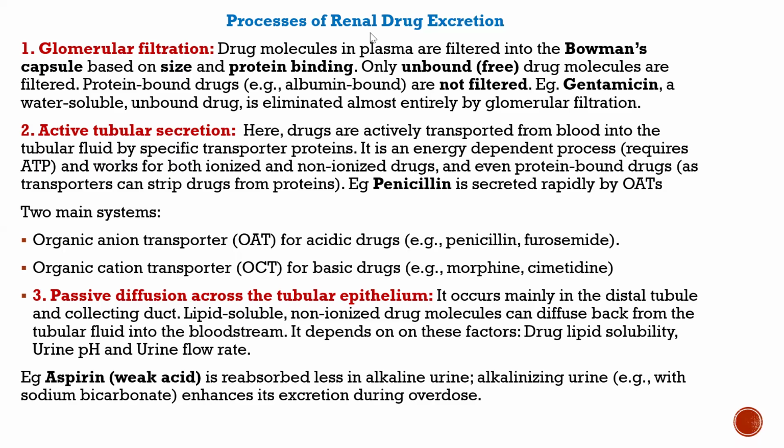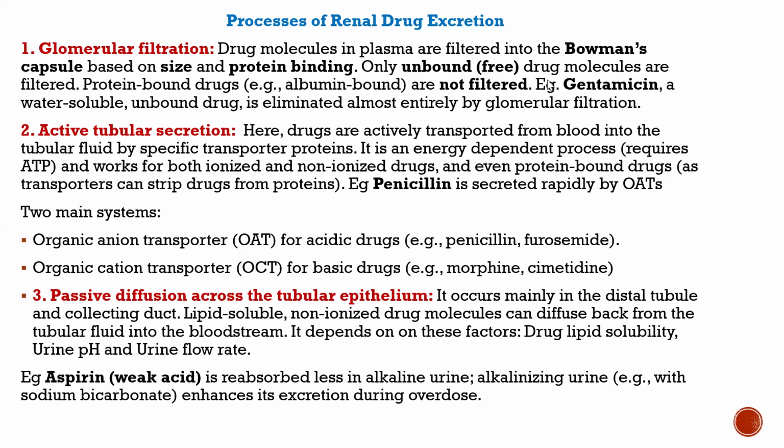So drug molecules in plasma are filtered, just like the sieve I tried to explain, into the Bowman's capsule based on size and protein binding. Only unbound, that is the free drug molecules, are filtered, while the protein-bound drugs, for example albumin-bound, are not filtered.